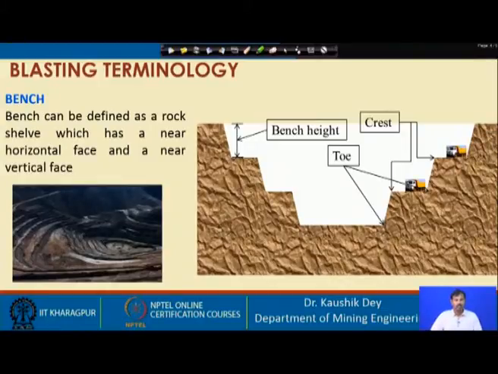So, let us first start with the different blasting terminology. As you have seen in all those blasting videos, blasting is carried out on the rock mass, and how is that rock mass situated? The rock mass is situated as shown in the figure, in a tabular form, and this type of rock mass positioning is called a bench.